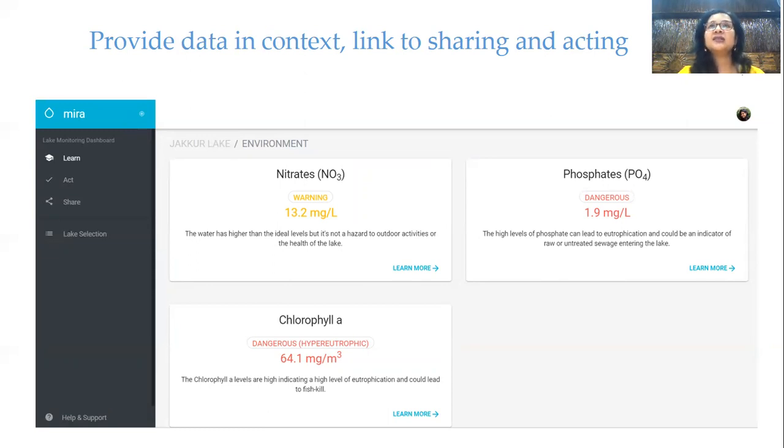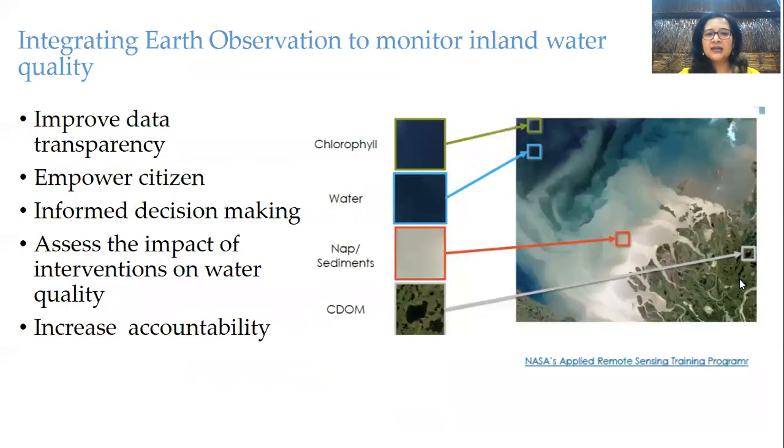The way we created these lake dashboards was by providing data in context where citizens were able to make sense of the data. For example, if nitrates are above 10 milligrams per liter, citizens don't know what to do with the single point data unless you provide context on why this particular parameter is important. That is how the dashboard was created.